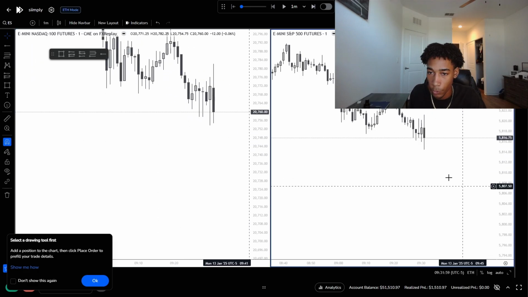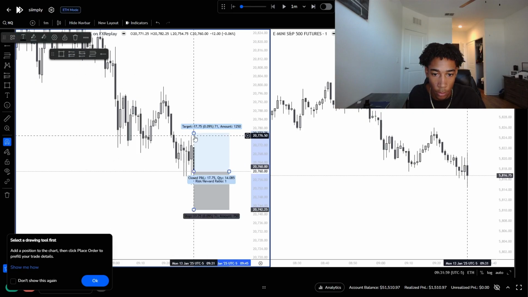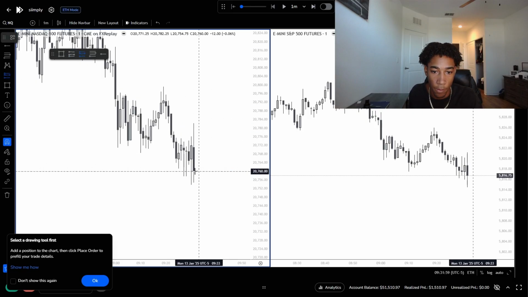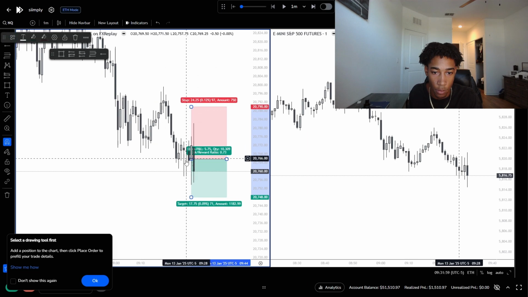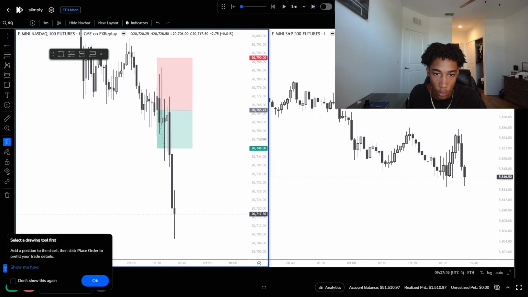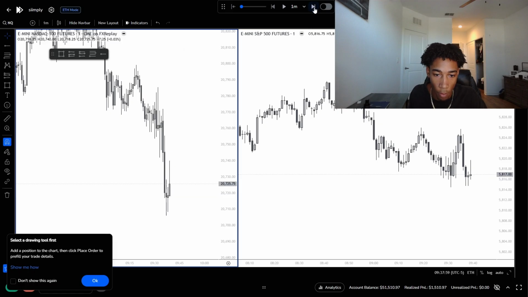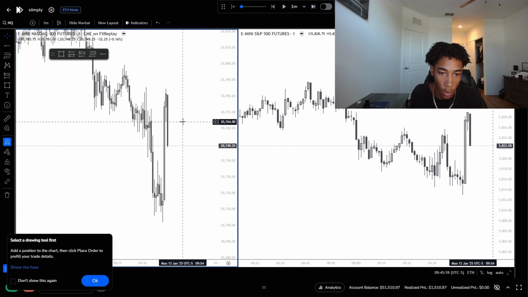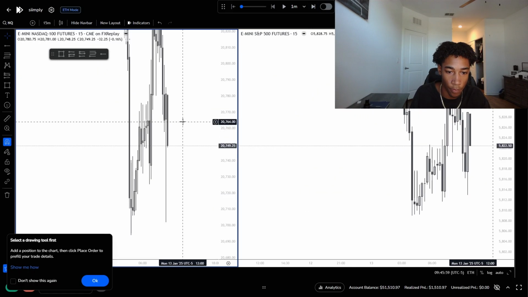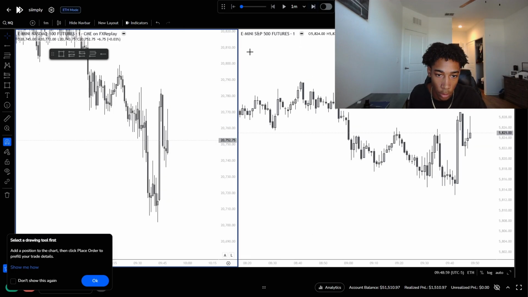I mean, if you're a fair value gap trader, take something like this. I don't trade fair value gap, so I'm not gonna take it, but that's what I would do. Okay. Alright, we're still bearish. Not so sure about this little.